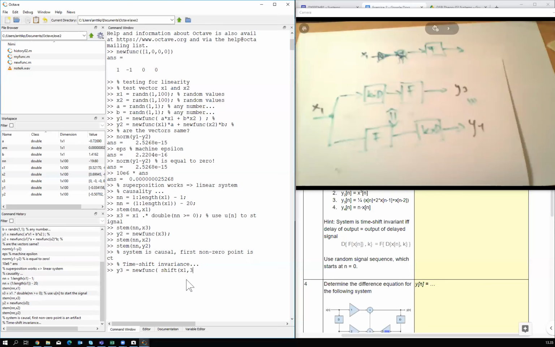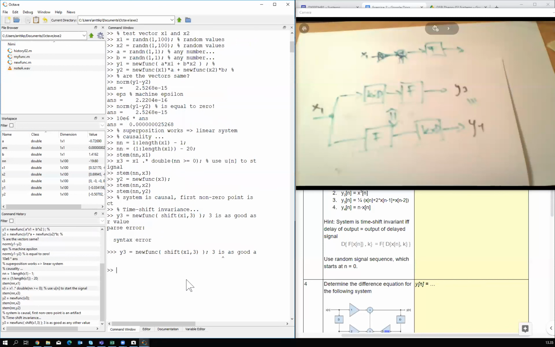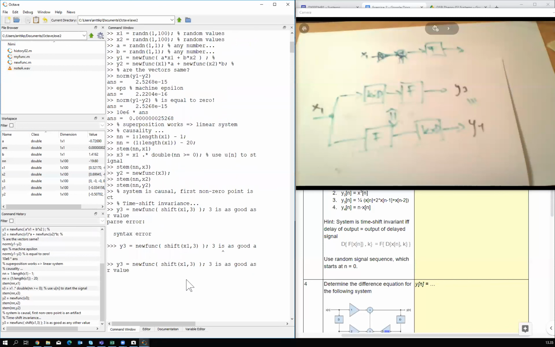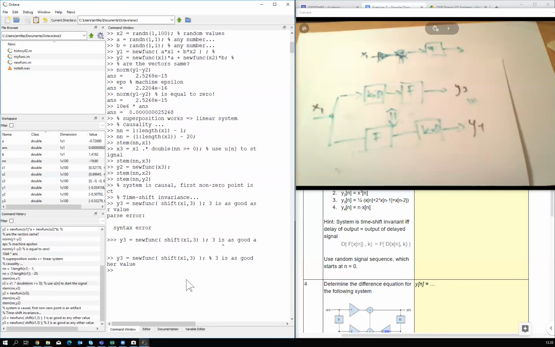I'll just use 3. Again, this is engineering proof. 3 is as good as any other value. And then I'll calculate y4, which is the shift of new func x1, the same amount of time steps.